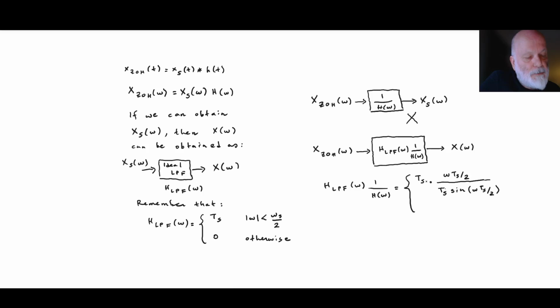Okay, we have a multiplication here. Therefore, these two terms will cancel out, for magnitude omega, absolute value of omega less than omega s over 2, and 0 otherwise. Oh, I have forgotten the phase term. We also have e to the j omega Ts over 2.